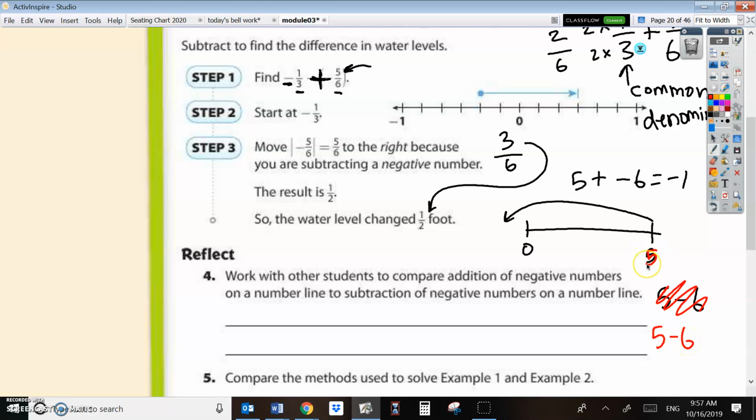So 5 minus 6 is going to be negative 1. Remember that adding a negative, you move to the left, and subtracting, you move to the left.